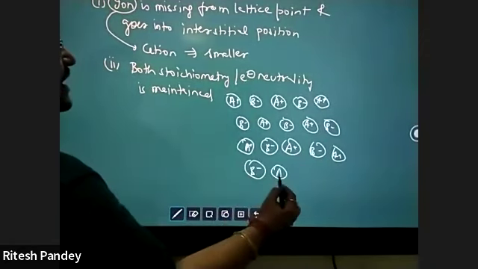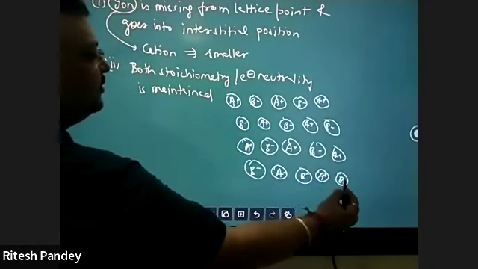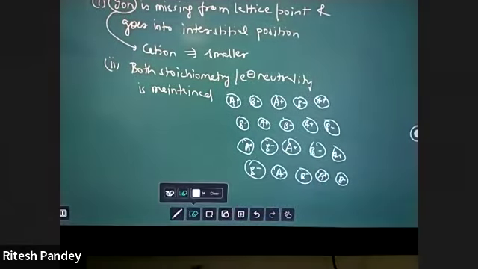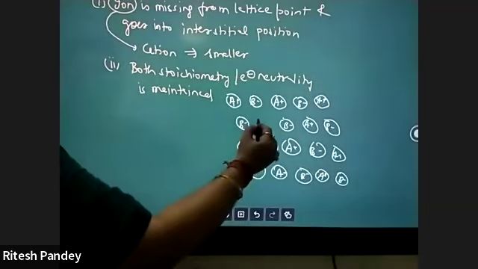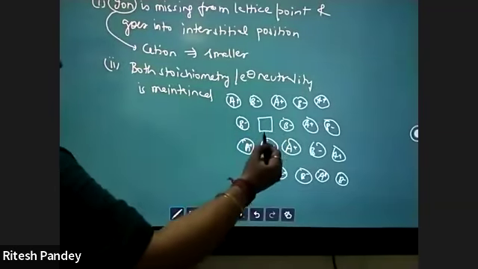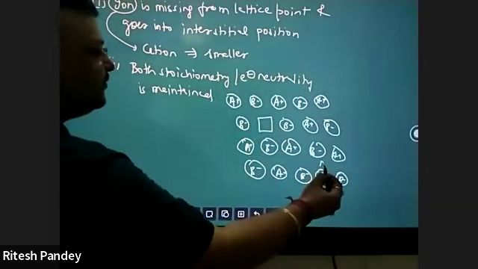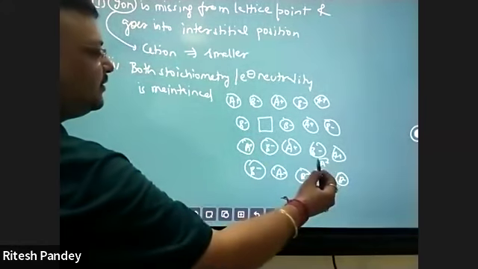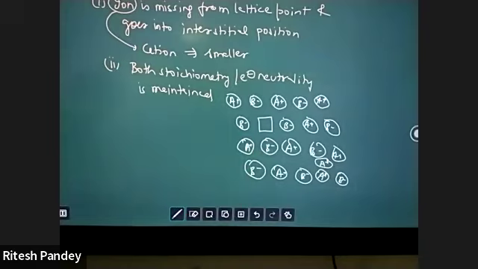I repeat, generally the cation is smaller. So you'll have a cation missing. Suppose this cation is missing. So this is a vacant site. But this cation would be somewhere here. Interstitial position is obviously this position between the layers.